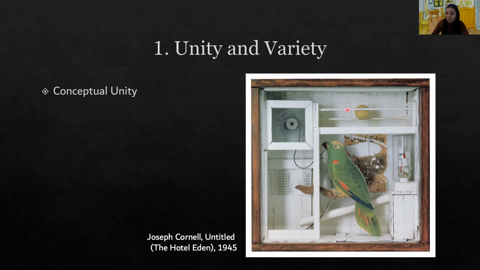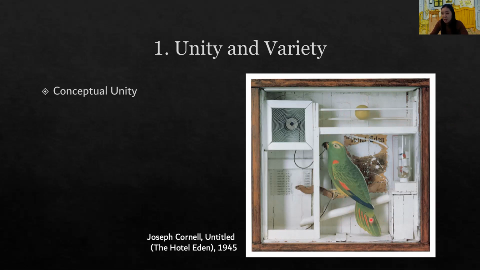What do you mean, like on the line? Yes, on a line. The ball is in a rail. Which means the ball can move in this rail, but it cannot go anywhere besides the rail. Now let's see the bird. Where is the bird? The bird is in a cage, right? So the bird also cannot go anywhere.